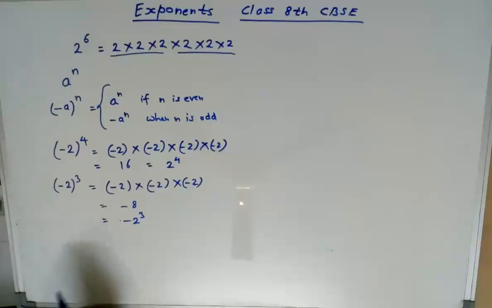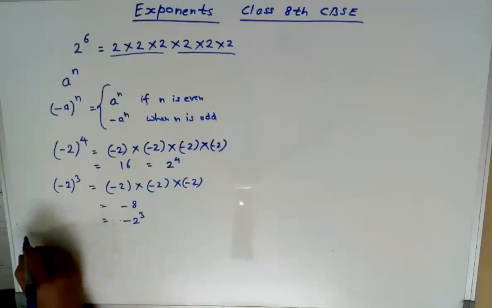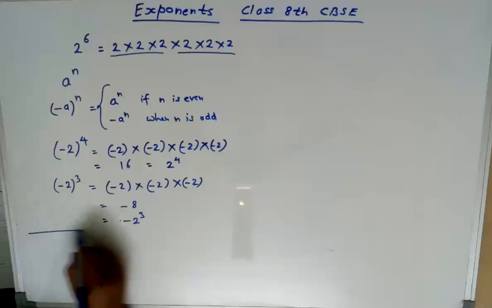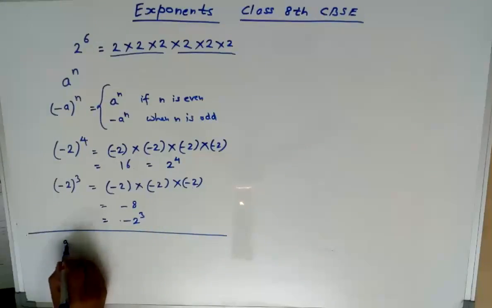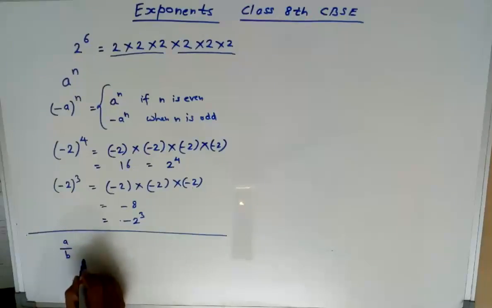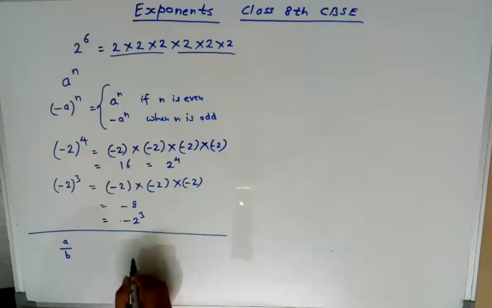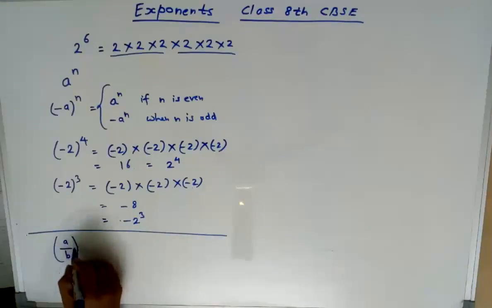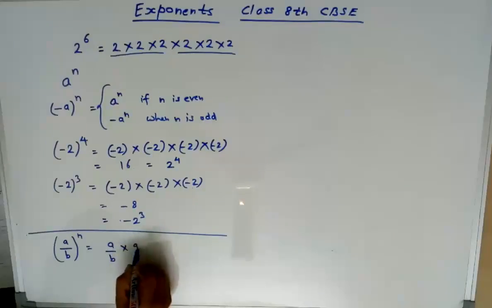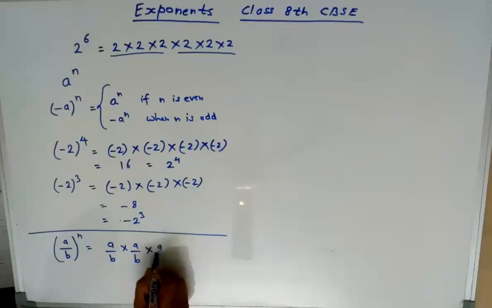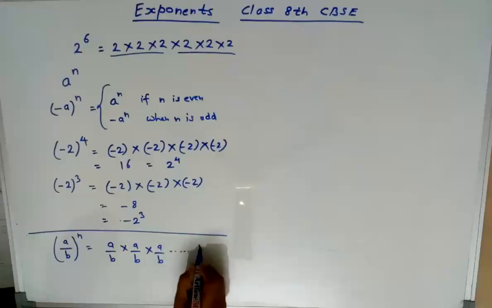Now let us discuss some more properties of exponent. Let a upon b be any rational number and n be a positive integer, then a upon b raised to the power n is equal to a upon b into a upon b into a upon b up to n times.